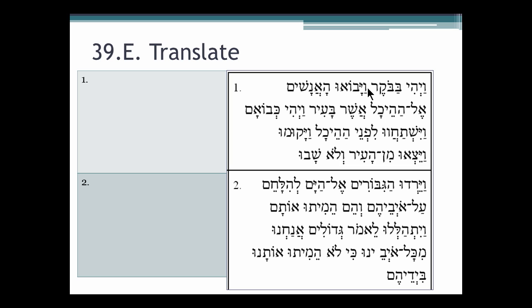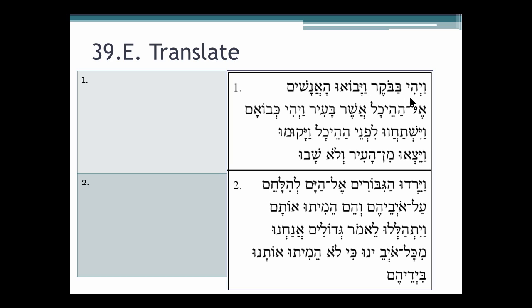Vayavo'u, Vav Patak Dagesh. Again, this is a Vav consecutive form. We've got our Yod here, because all Vav consecutives are going to be imperfects with the Vav prefixed. So Yod and long U, this is going to be a third masculine plural Vav consecutive from Bo.